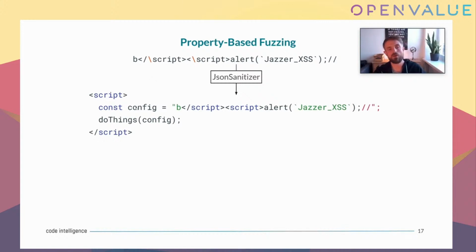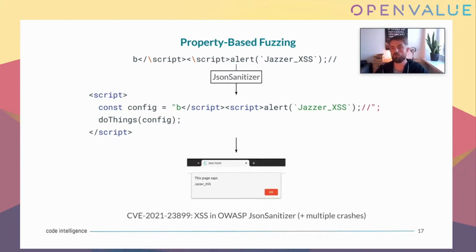What's happening here is that you are loading this specific config, and then you are ending the script, and then you inject an alert in there. This way you are able to execute the code. It was a valid bypass of the sanitizer to avoid XSS.